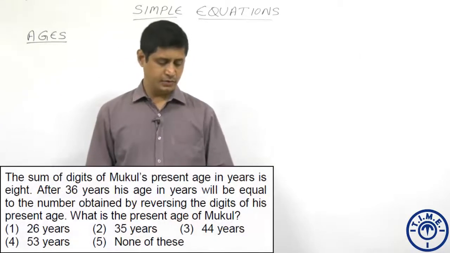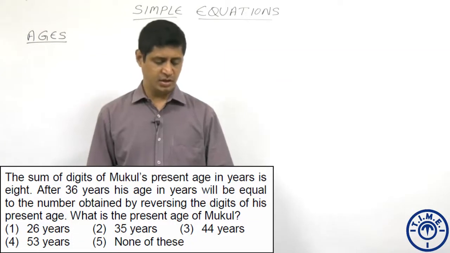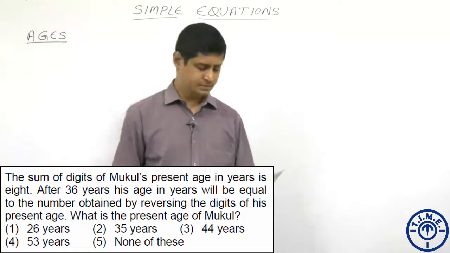The sum of digits of Mukul's present age in years is 8. After 36 years, his age in years will be equal to the number obtained by reversing the digits of his present age. What is the present age of Mukul?